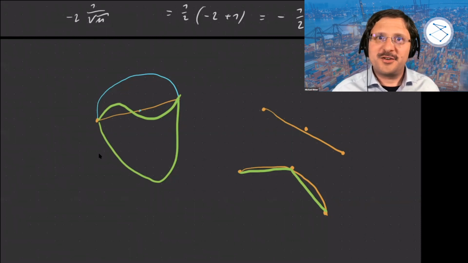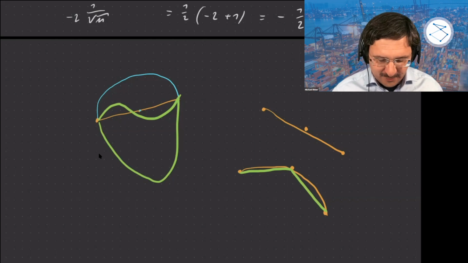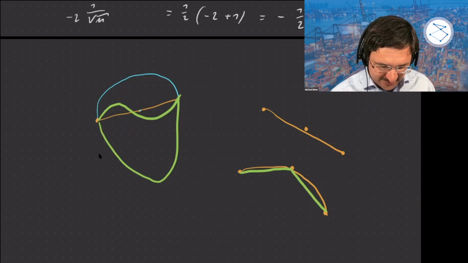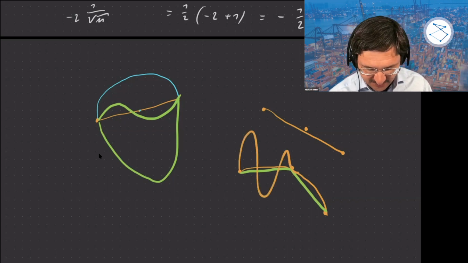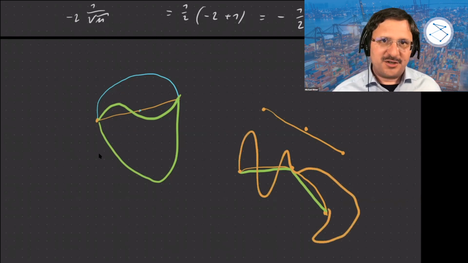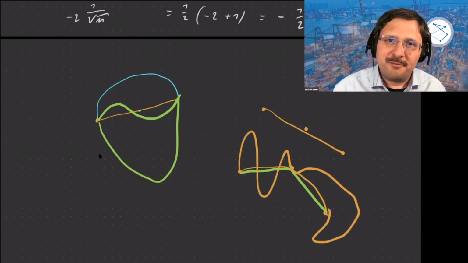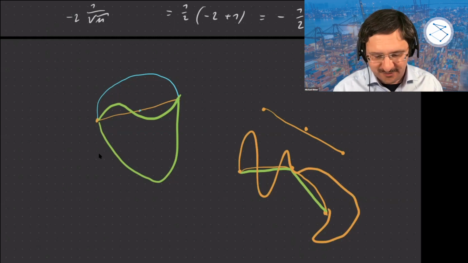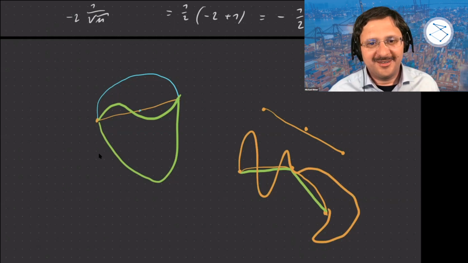And of course, the same is true if the problem statement asks for a very complicated kind of curve, right? If the problem statement says, I want a curve connecting these that looks like this, then maybe you should think about if the green curve will not possibly give the same result before you try to parameterize the orange one.